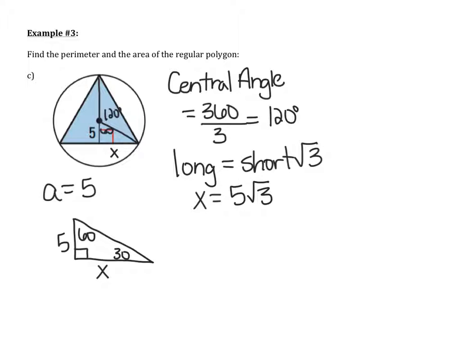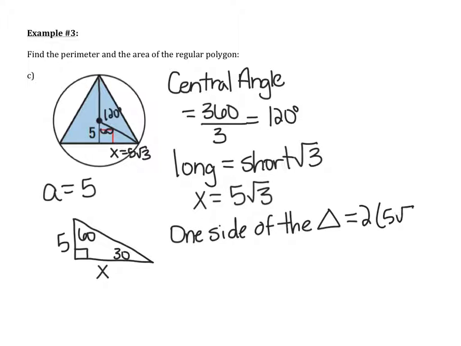So therefore, if this length right here is 5 square root of 3, we need to double it to find the total length of one side of our regular triangle. So one full side would be equal to 2 times the 5 square root of 3.